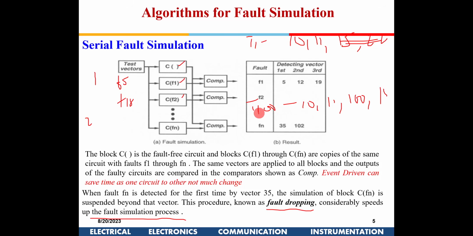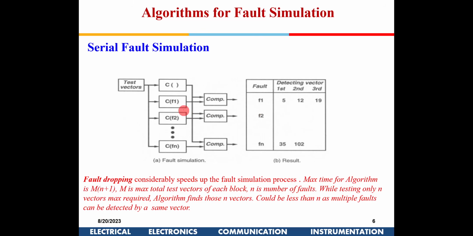So if there are n faults and m test vectors, there will be n plus 1 blocks in total, because there will be one block which is free of fault also, right?